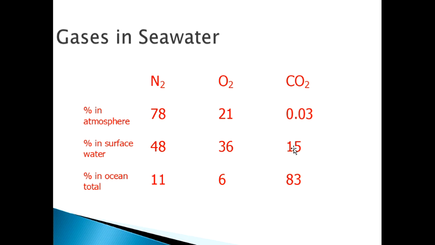If we consider the oceans as a whole, these things are going to change with depth to the point that the percentage of nitrogen in the oceans as a whole is 11%. The percentage of oxygen here is the smallest number, 6, and the percentage of gases in the ocean for CO2 is the largest at 83%. So the oceans are a different baby than the atmosphere, and it varies by depth and location around the globe.